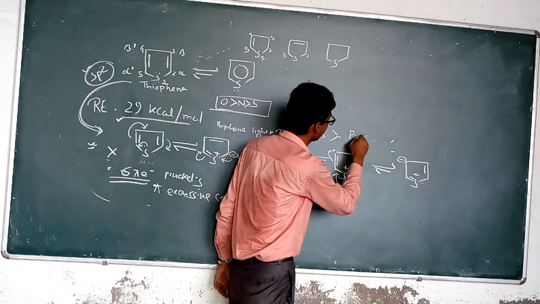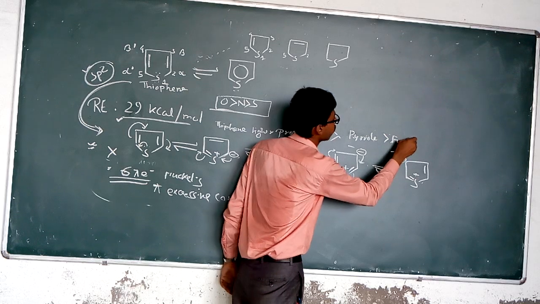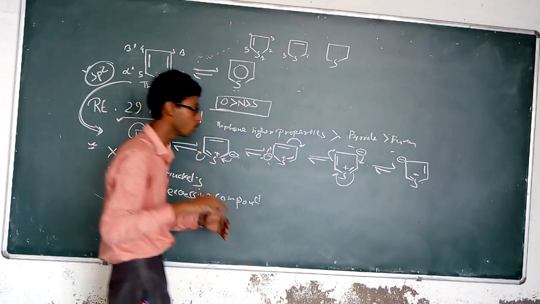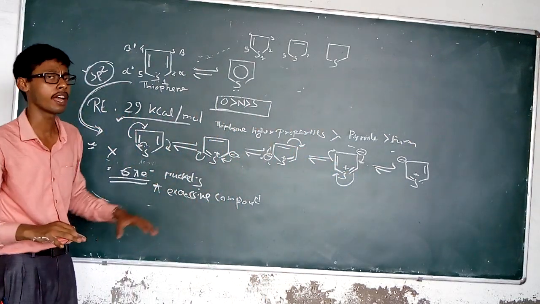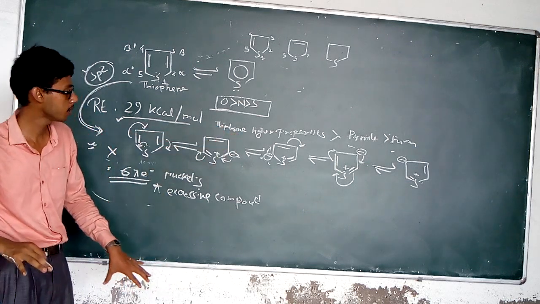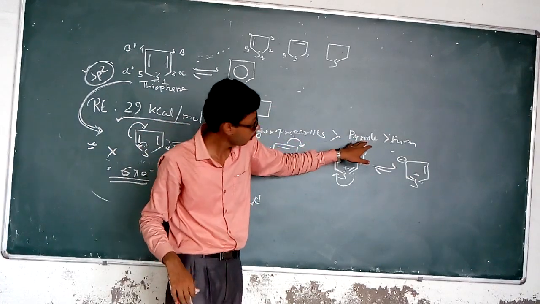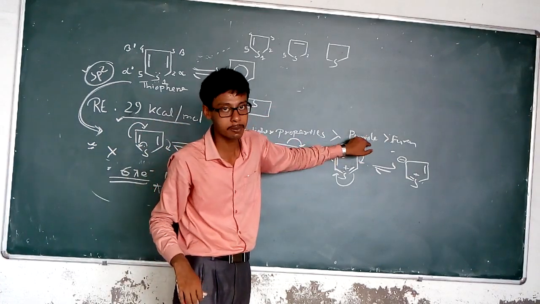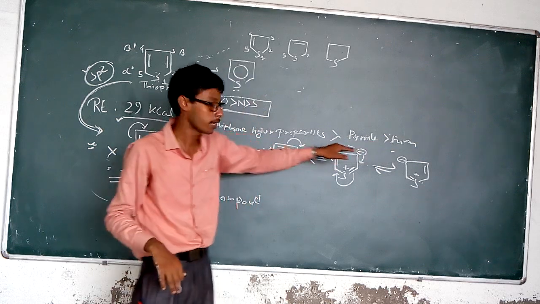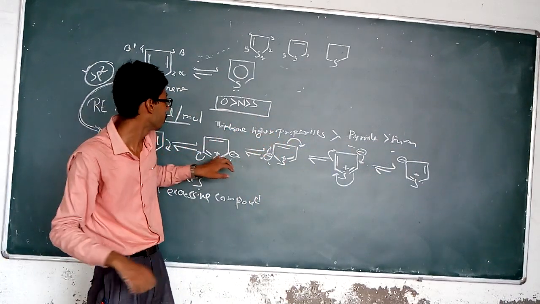So it means in the order of aromaticity, thiophene has the highest aromatic properties, and after that pyrrole comes, and pyrrole has higher aromatic properties than furan, but less aromatic properties than thiophene.